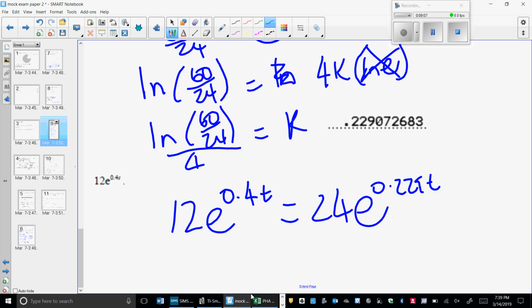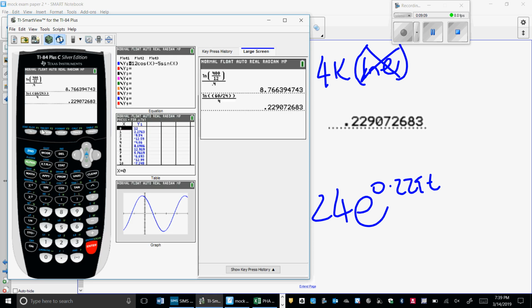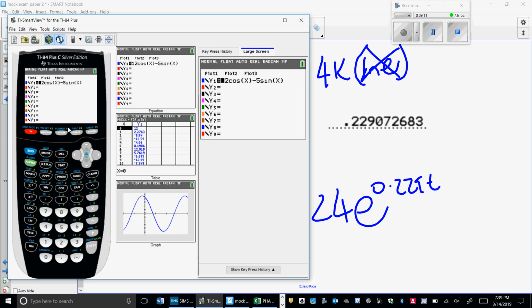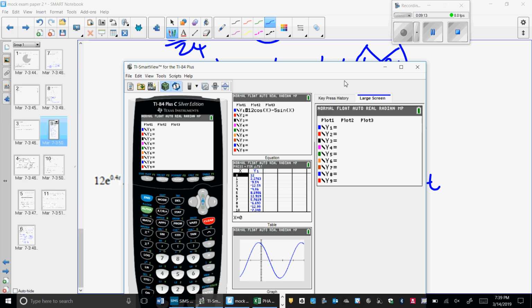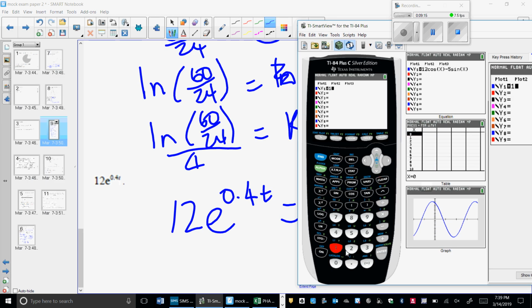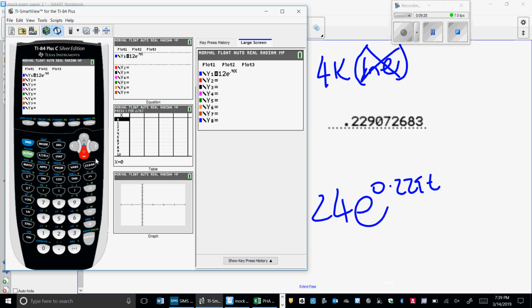Okay, so we need to solve this. The easiest way, I think, on a calculator, is I'd probably plot both of them. So 12e to the 4t, and 24e to the 0.229.